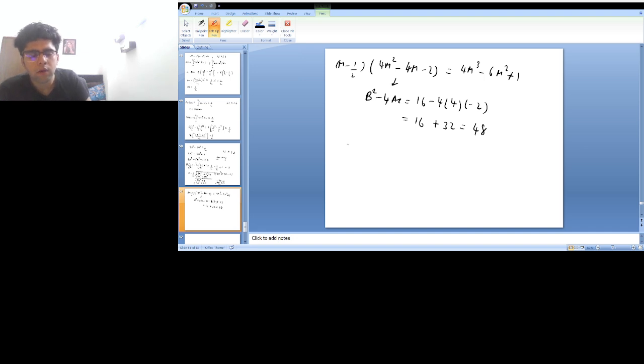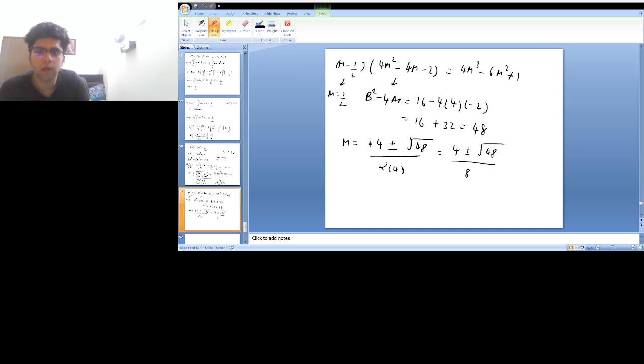So my roots are m is equal to half, and this equation will give me 2 more roots, where m is minus b, so plus 4, plus minus root 48 upon 2a, a is 4, so plus minus root 48 by 8, right?